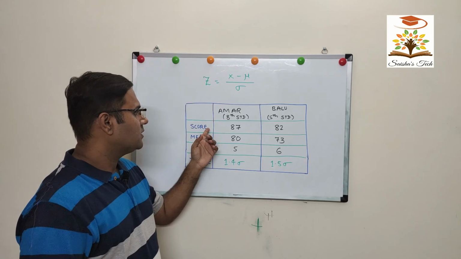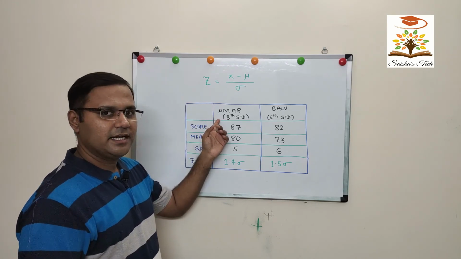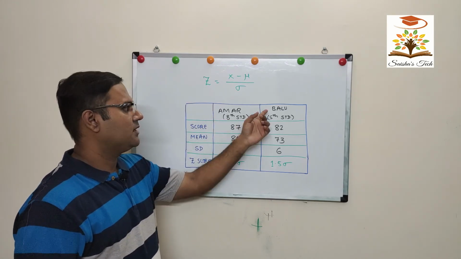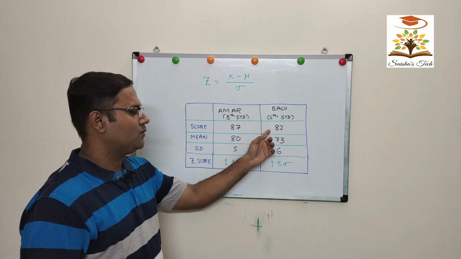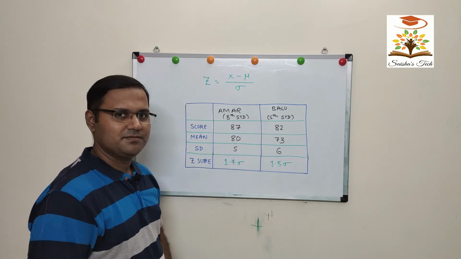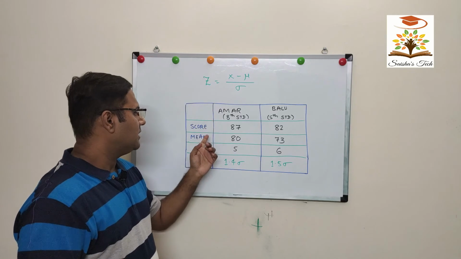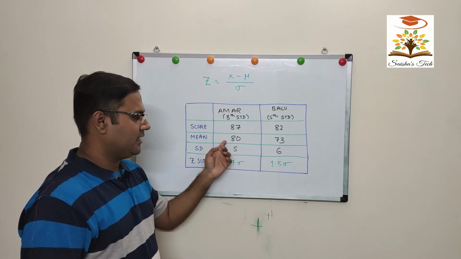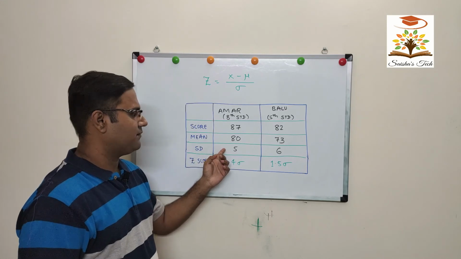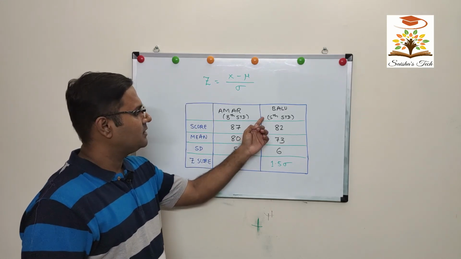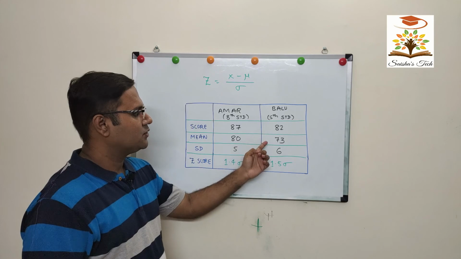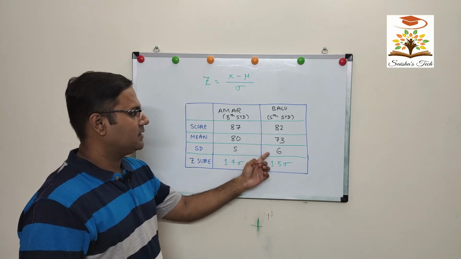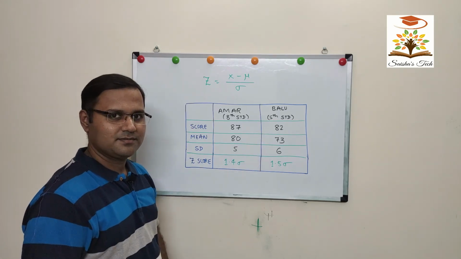The score of Amar, who is studying in 8th standard, is 87. Similarly, Balu, who is studying in 5th standard, scored 82. The mean of the scores of 8th standard is 80 and the standard deviation is 5. Similarly, the mean of the 5th standard students is 73 and the standard deviation is 6.